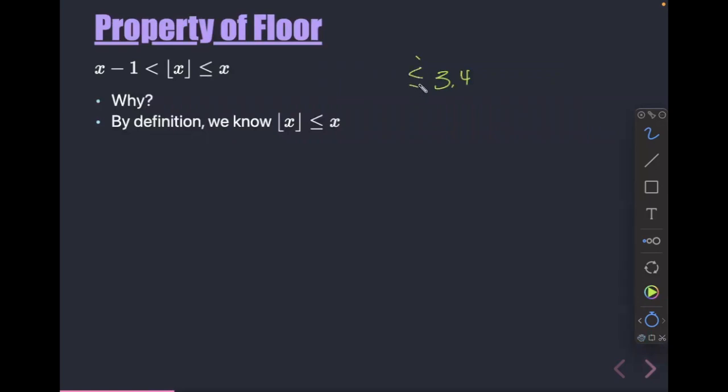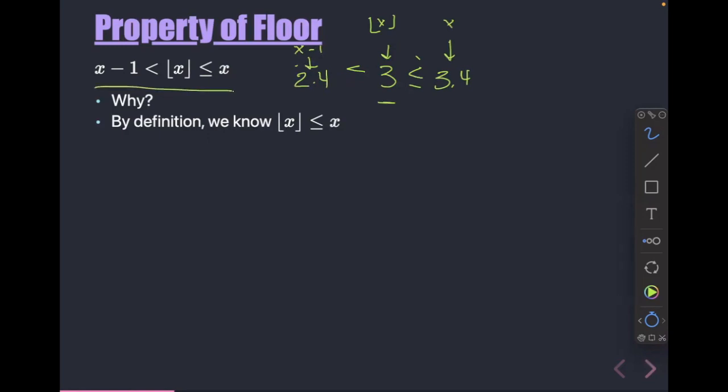And 3.4 minus 1 is 2.4. Sorry, this is a strict less than. So 2.4 is going to be less than our floor, 3.